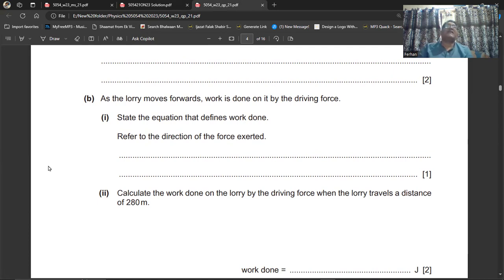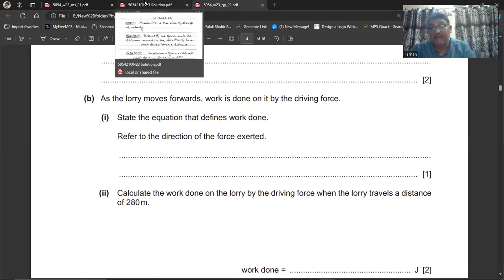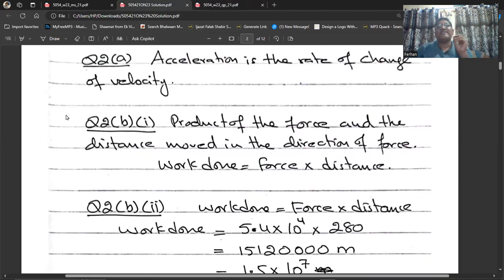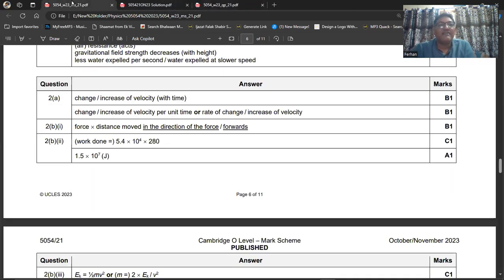We say work done is equal to force multiplied by distance, but that distance is a special distance: the distance moved in the direction of the force. This is my answer.